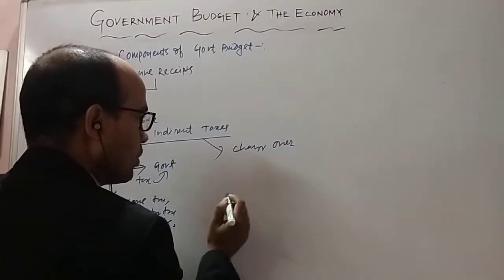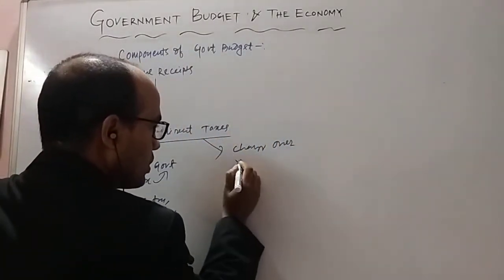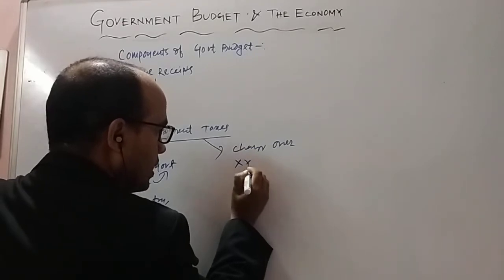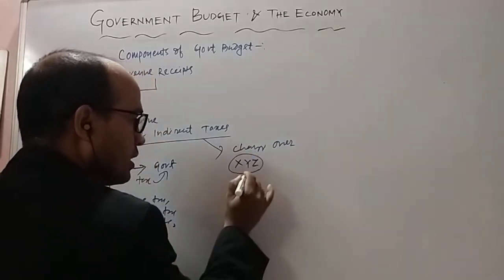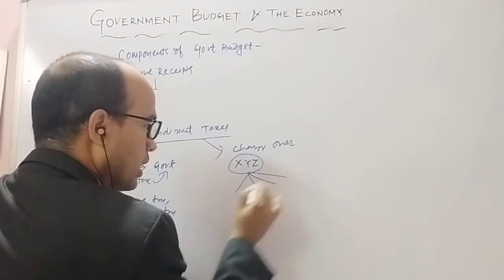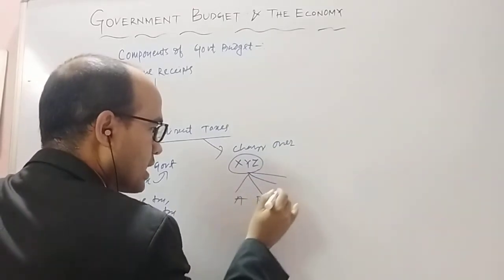That means, for example, a tax is charged over Mr. X or Y, Z. After some time it is distributed among A, B, C and D.